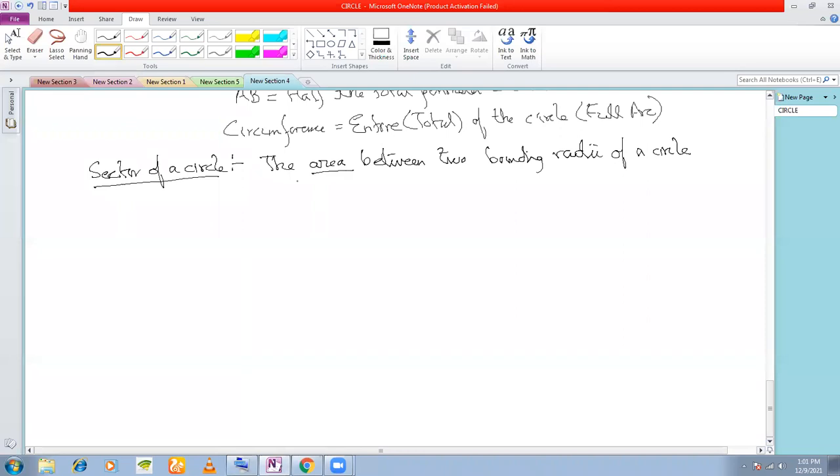Remember the word area. Sector means area. It's called the sector of a circle.